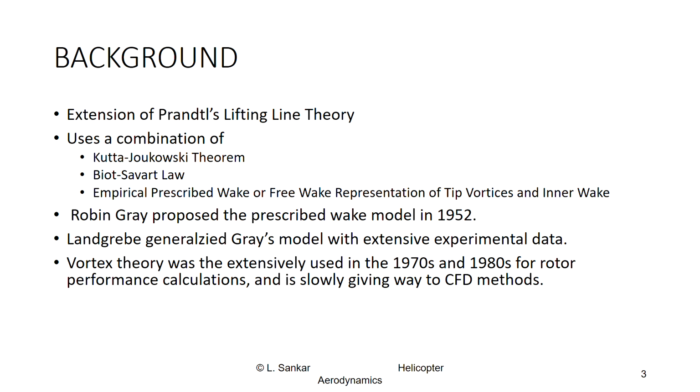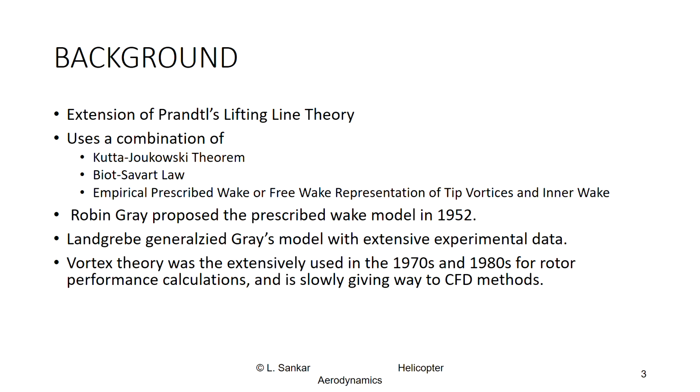The earliest model of a vortex theory or a tip vortex structure was developed by Professor Robin Gray, who was an associate chair in aerospace engineering, and he retired around 1996, right around the Olympics. He received his PhD at Princeton, and his PhD dissertation was what he called a prescribed wake model.